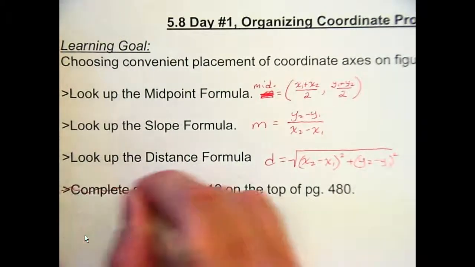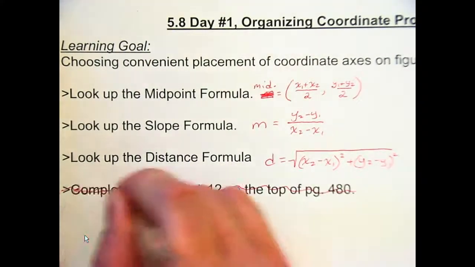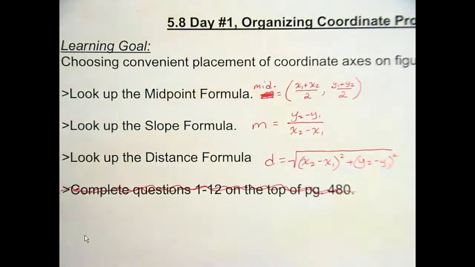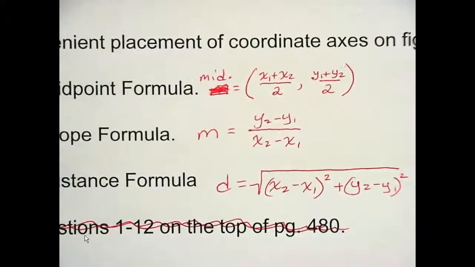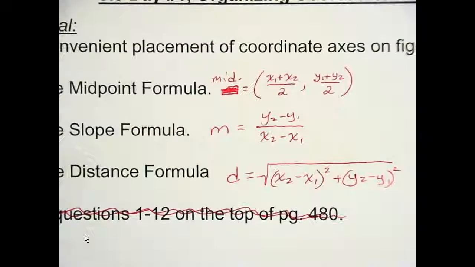This does not apply to this textbook. However, it does apply to the worksheet I gave you, so we'll go through that sheet together. So that is y2 minus y1. You have your distance, your slope, and your midpoint formulas. Okay. Very good?